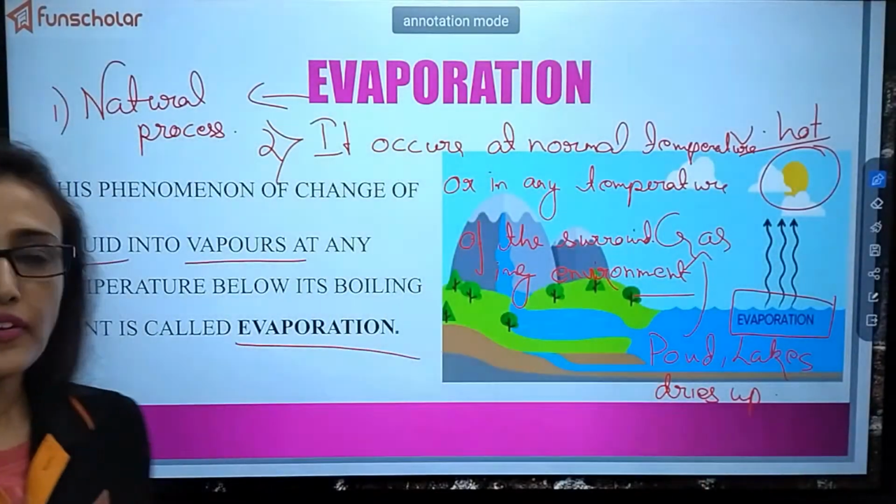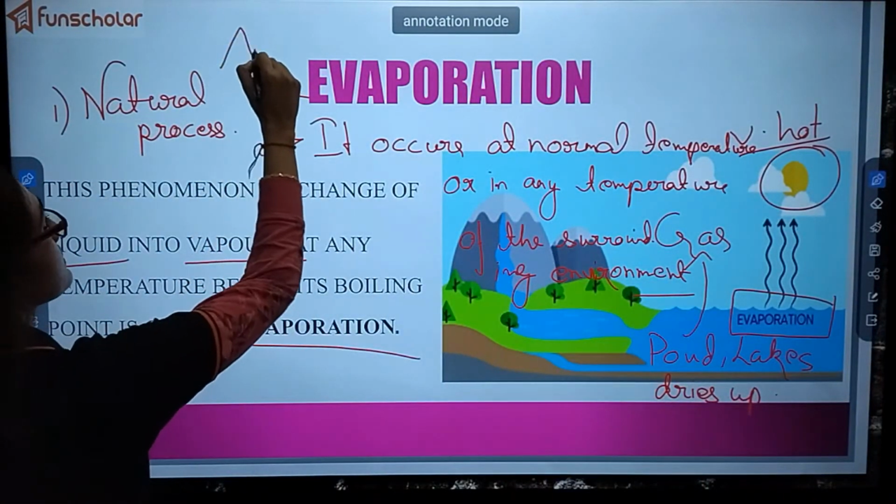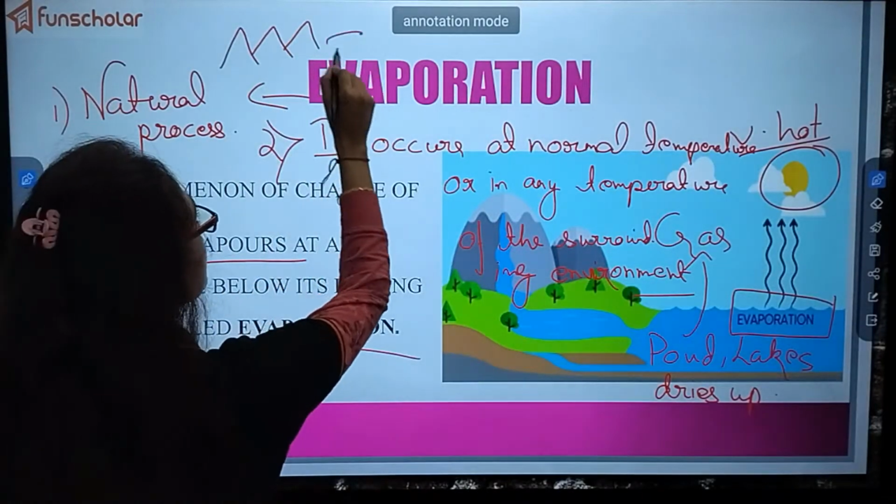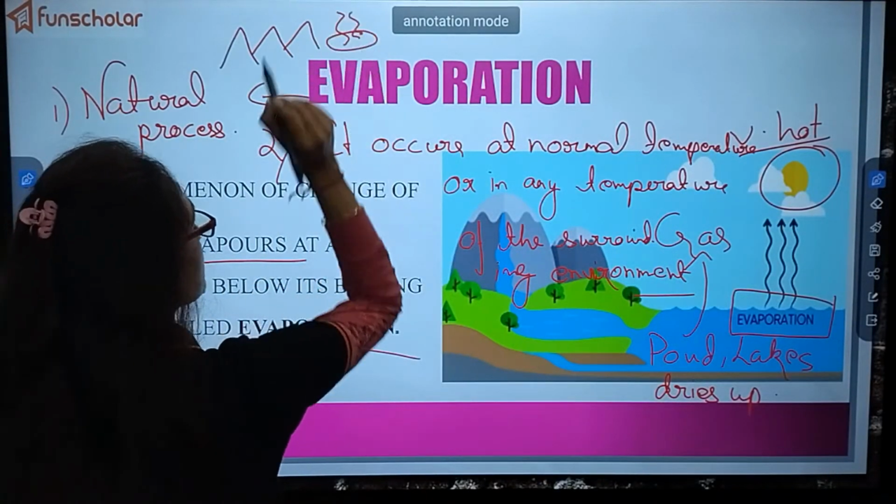Like if you go to the mountains, automatically evaporation will occur.